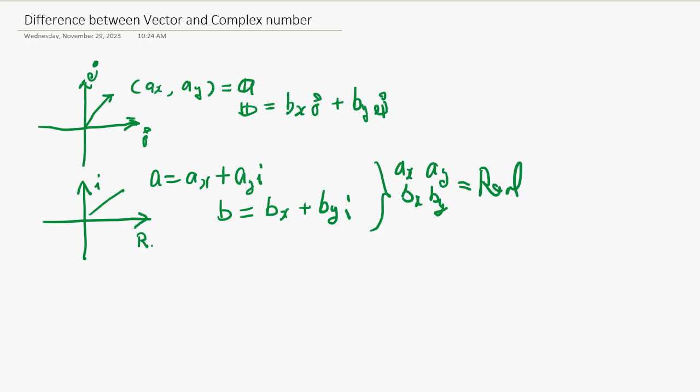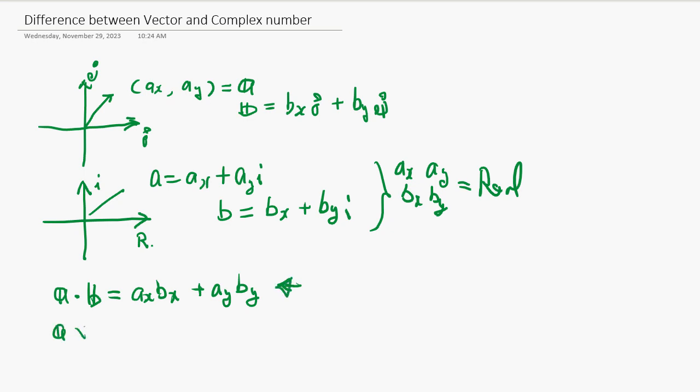So I show you how they can be immediately related. We define vector multiplication this way, and this is the inner product of vectors.